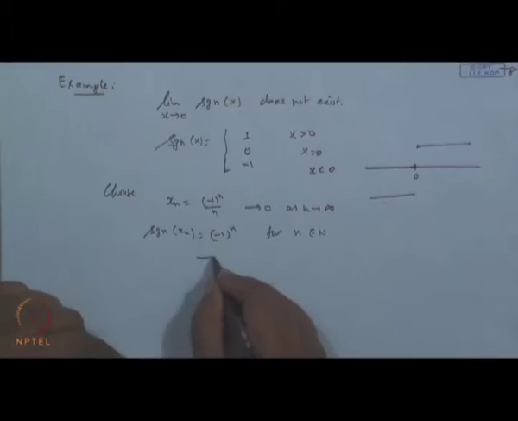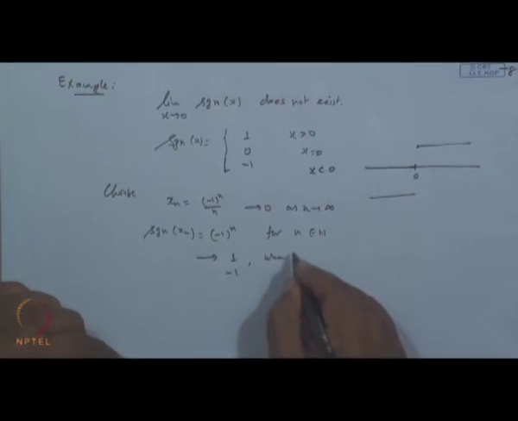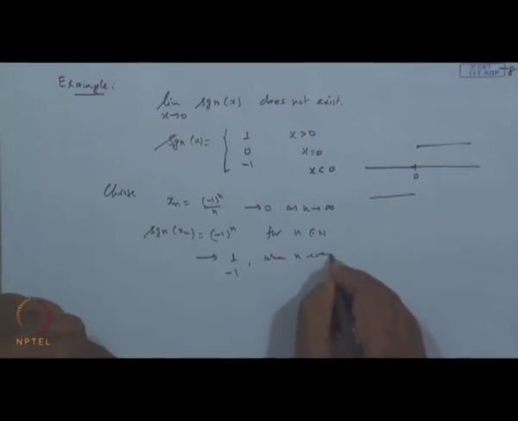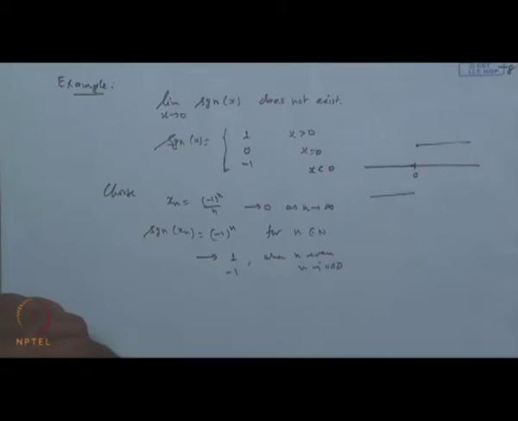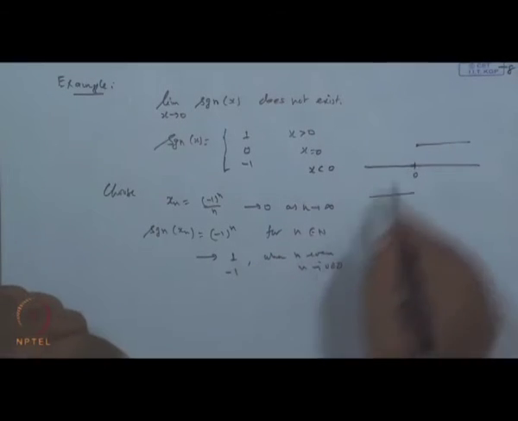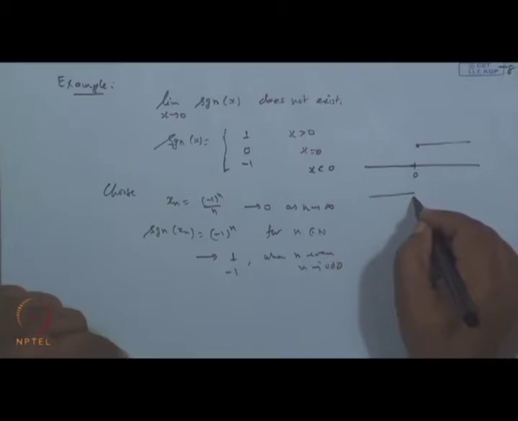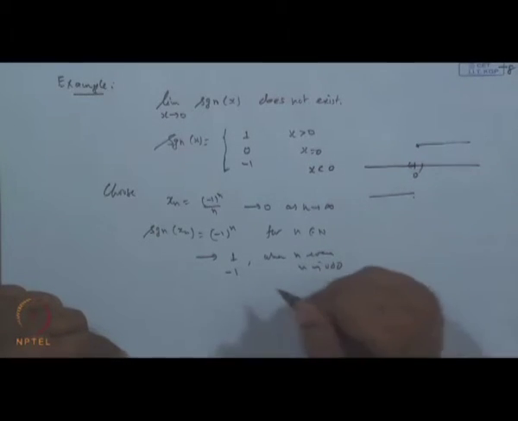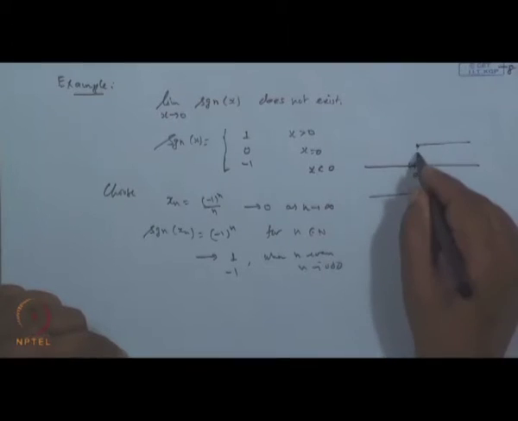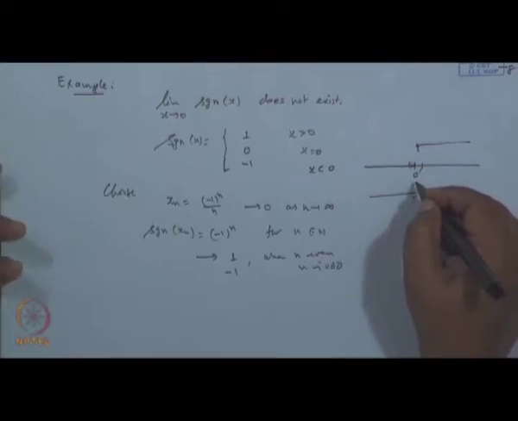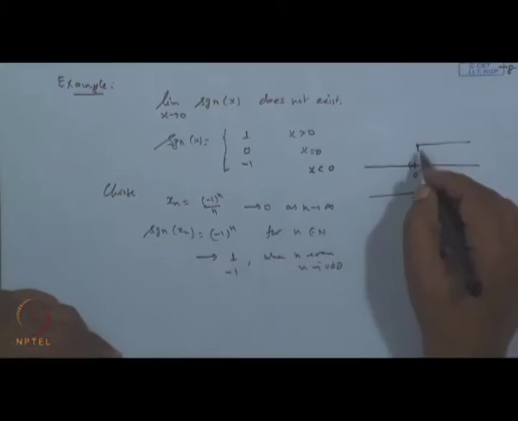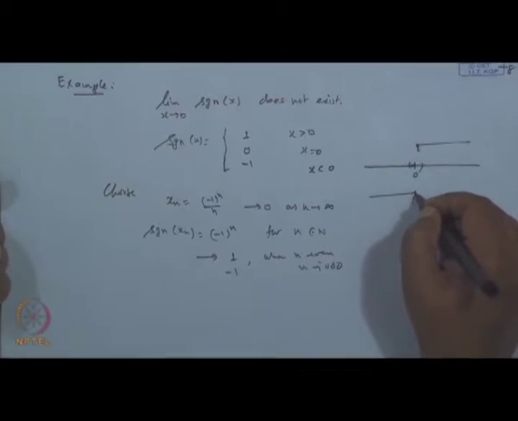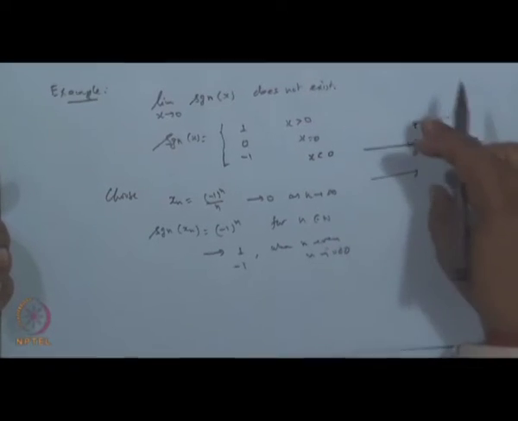When n tends to infinity, it goes to 1 as well as -1, when n is even and when n is odd. So, nearby this 0 interval, there is a variation of 2, and it cannot be less than epsilon. I choose epsilon to be half. How can the variation be less than half, when the variation is from -1 to +1, exactly 2.